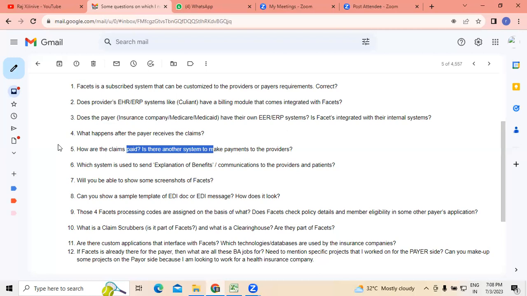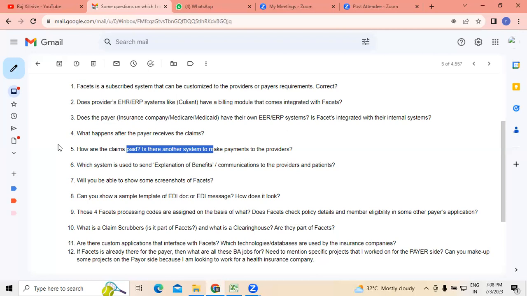Understood? Because whatever codes we use, they have to see whether they have to verify and validate whether these codes were right or not. So for that, generally, the claim scrubber. Whenever there is a claim document we send, usually that will go to the claim scrubber first. It will cross-check whether the CPT codes we have used are accurate or not.